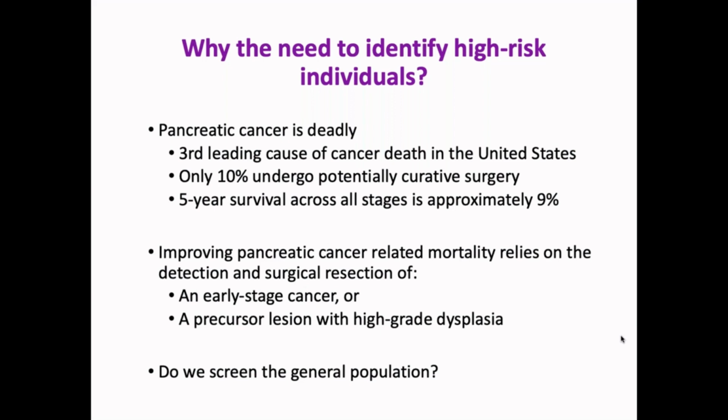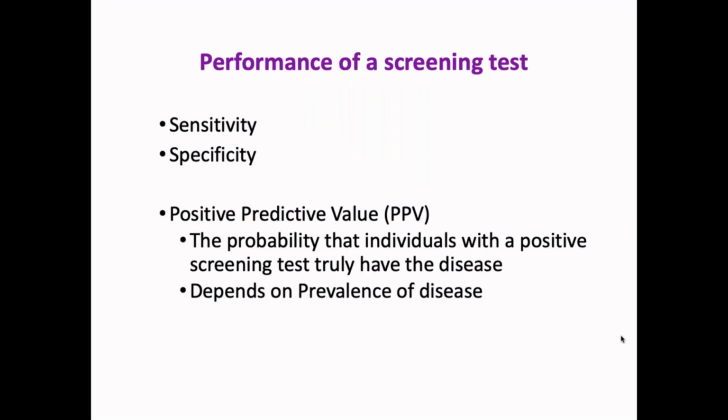So a big question is, do we really screen the general population? A lot of that depends on the performance of screening tests, including the sensitivity and the specificity of those tests, but also the positive predictive value, which is the probability that individuals with a positive test truly have the disease.